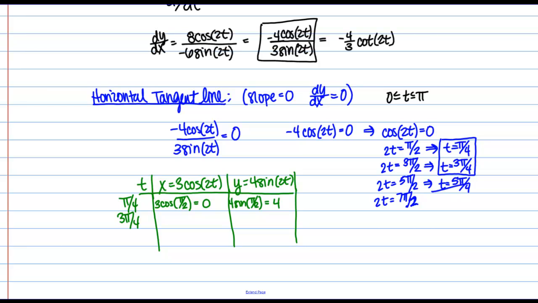And then if I plug in 3 pi over 4, for x I'm going to get 3 cosine of 3 pi over 2, which once again is going to give me 0. And for y, 4 sine of 3 pi over 2, which should give me -4. So it looks then like my actual points where I have a horizontal tangent line are (0, 4) and (0, -4).